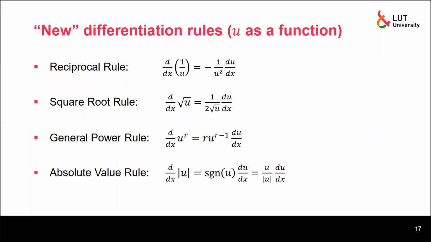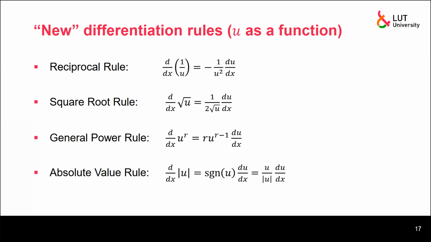So if we use these kind of things, we end up having new rules. So essentially here u could be some kind of a function. And so now if we take the differential of the inverse of a function, we should get minus the inverse square of the function times the derivative of the function.